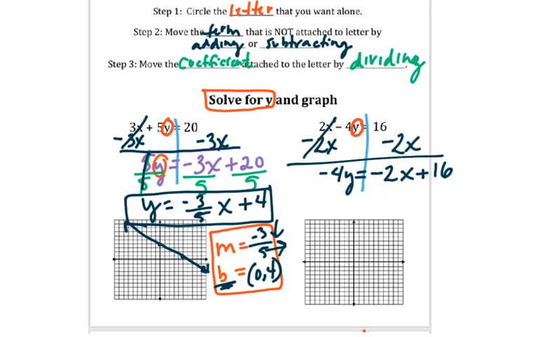Last step, get y by itself. To get y by itself, you divide by the exact number. I jokingly call him the stalker because he hangs out here till the very end. This exact number has got to go. So I divided it by negative 4. So that leaves me with y equals. This simplifies: negative 2 over negative 4 is a positive 1/2.